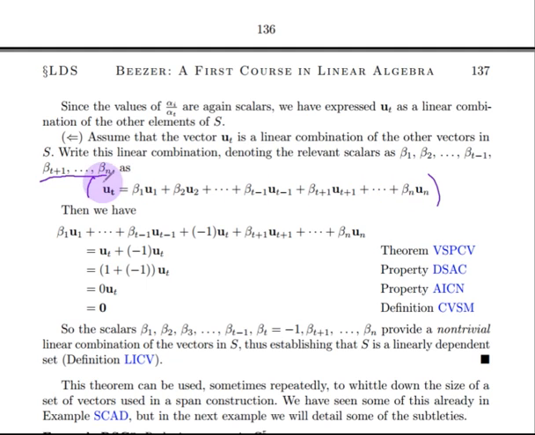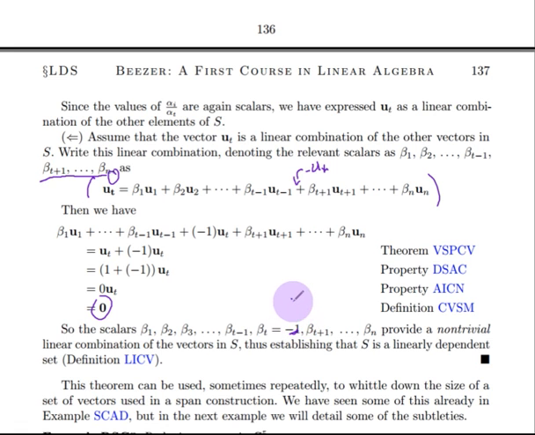And I simply subtract ut from both sides of the equation. If I subtract ut from the left-hand side, I get 0. If I subtract ut from the right-hand side, I put a minus 1 ut here. So we have a 0 here, and we actually have a linear combination of all of the vectors in U. Here, the constant coefficient of ut is minus 1, just as indicated here.